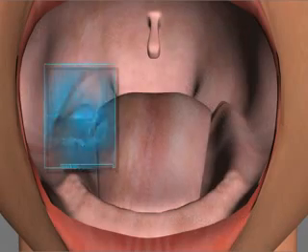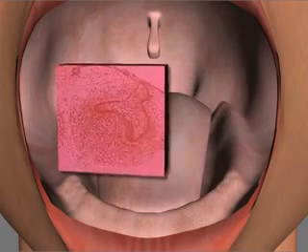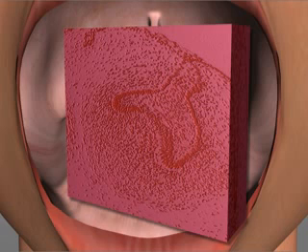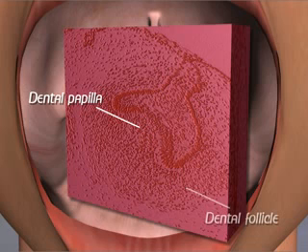The ball of condensed ectomesenchymal cells, called the dental papilla, will form the dentine and the pulp. The condensed ectomesenchyme encapsulating the enamel organ is called the dental follicle. This gives rise to the supporting tissues of the tooth.